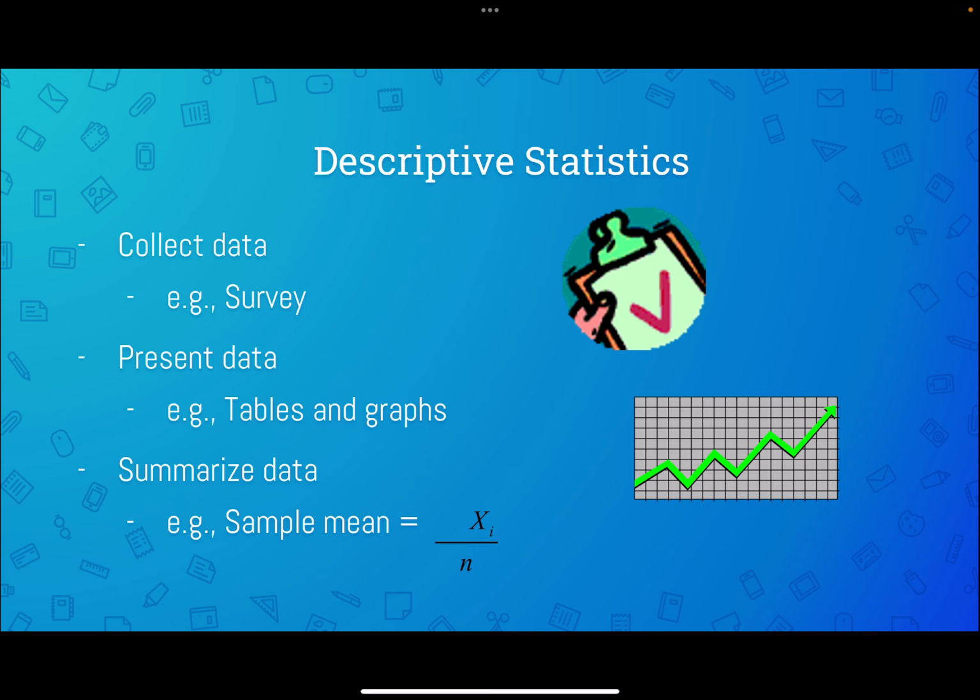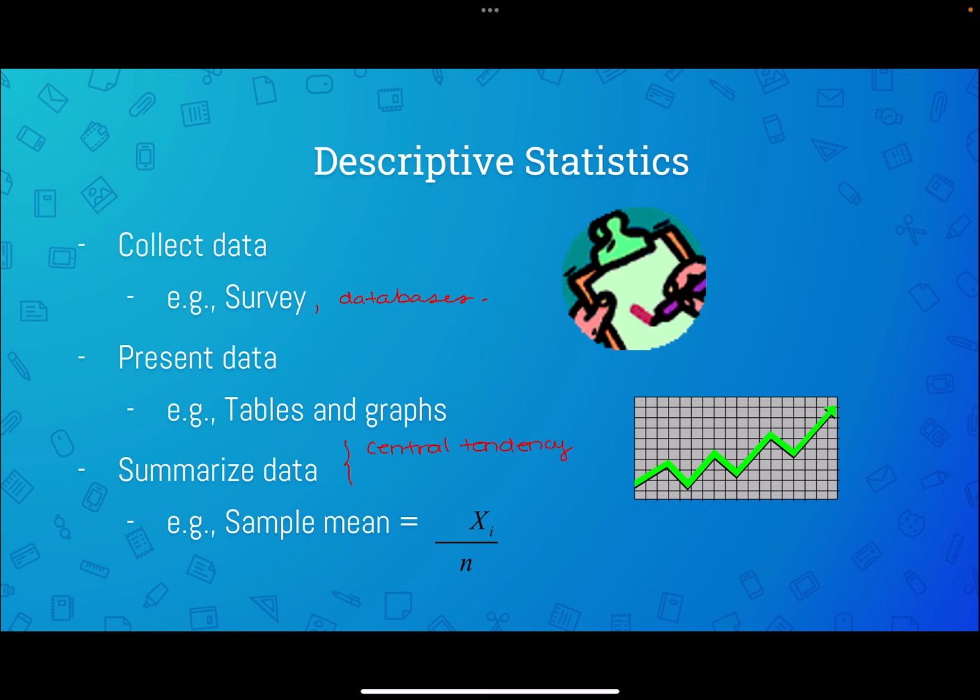Descriptive statistics, on the other hand, is interested in collecting data, for example, through surveys or databases, presenting data in tables and graphs, and summarizing data. In summarizing data, what we're going to be going over is central tendency.